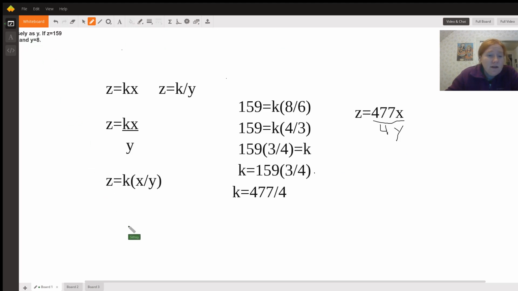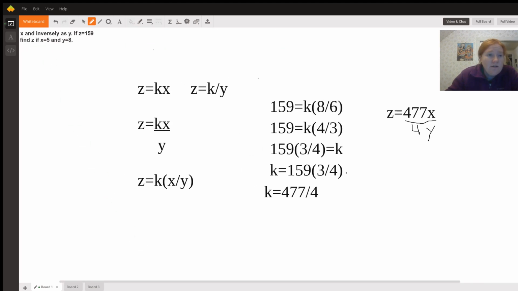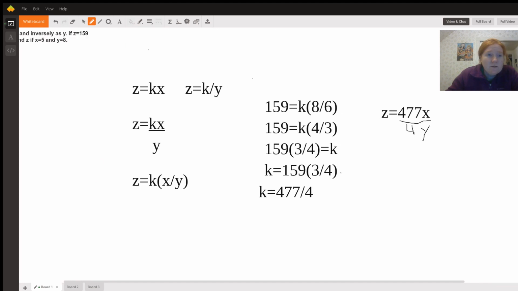So it's very easy here. All we have to do to answer the question is to find Z if X equals 5 and Y equals 8.